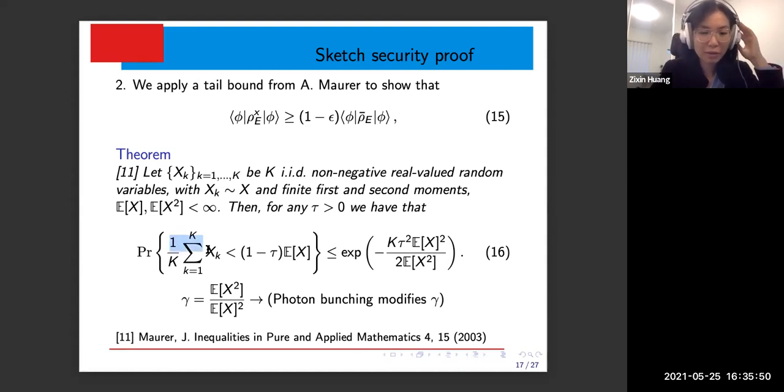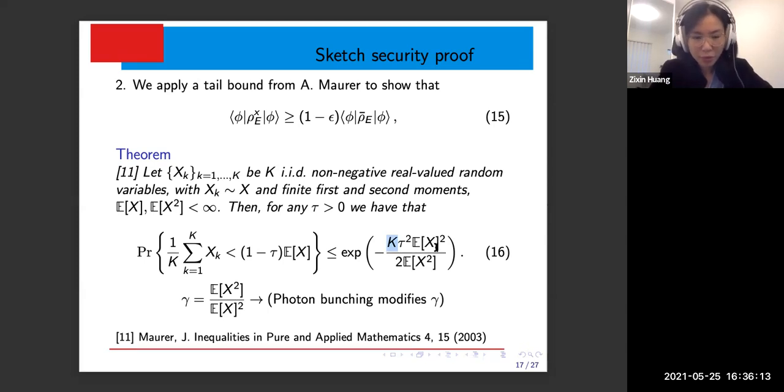So if you add up k of these quantities, then the probability that it deviates by tau from the mean is once again smaller than the exponential of negative k times tau squared.